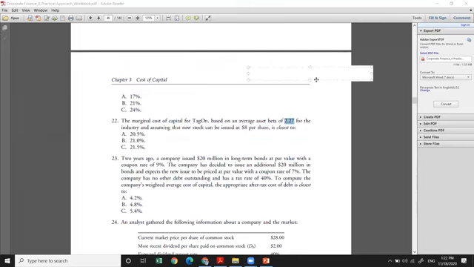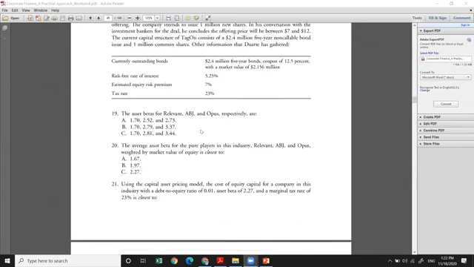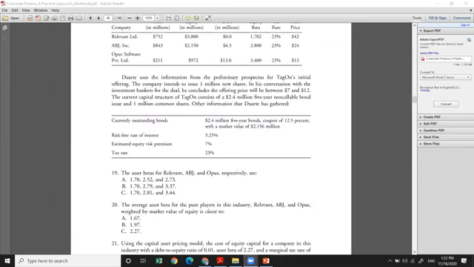So first of all, to calculate the cost of debt, you need to calculate the YTM, and you're given the information. It says here, currently outstanding 2.4 million 5-year bonds with a coupon rate of 12.5%, with a market value of 2.156 million. So here, you need to find the YTM in order to come up with the cost of debt before the tax.